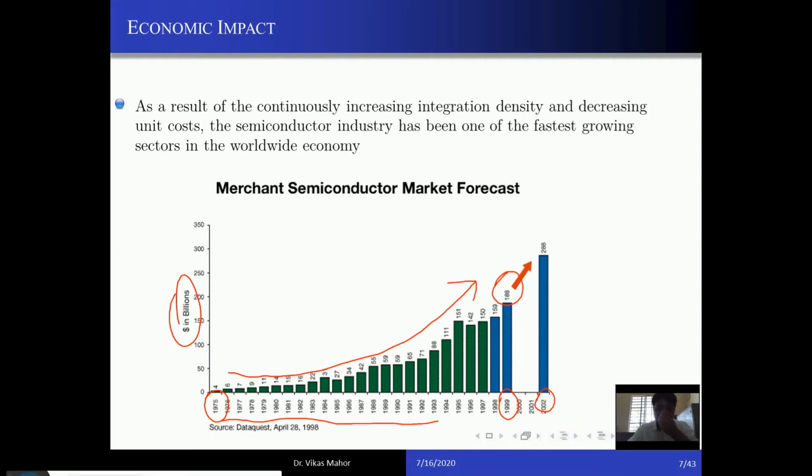So in 1999, the market of the VLSI industry was about $188 billion, and in 2002, only after 3 years, it jumped to $268 billion. Look at this. It jumped to $268 billion. Fine. So why was there a jump? Because there is a huge requirement of ICs, and because of this huge requirement, what has happened?